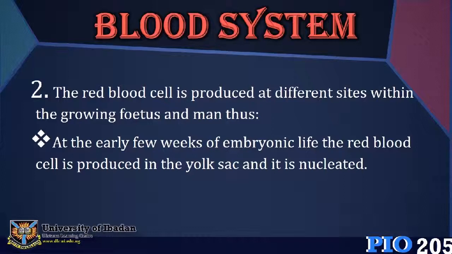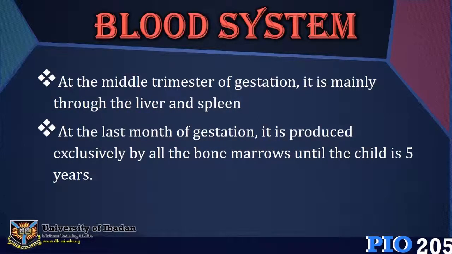The red blood cell is produced at different sites within the growing fetus and man. Thus, in the first few weeks of embryonic life, the red blood cell is produced in the yolk sac and it is nucleated. At the middle trimester of gestation, it is mainly through the liver and spleen.